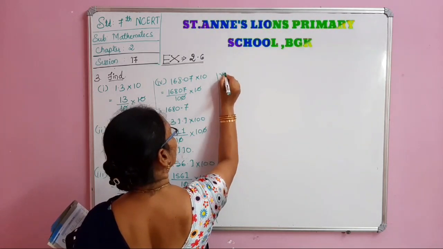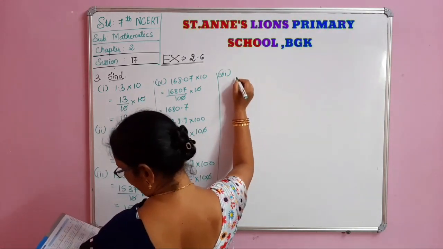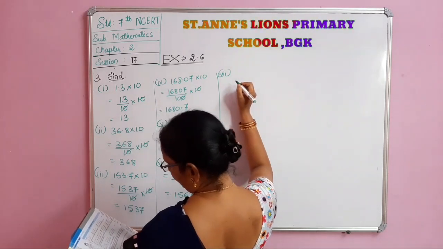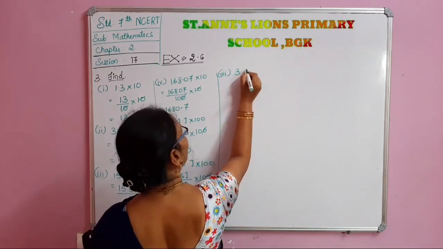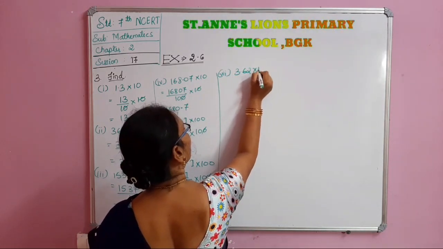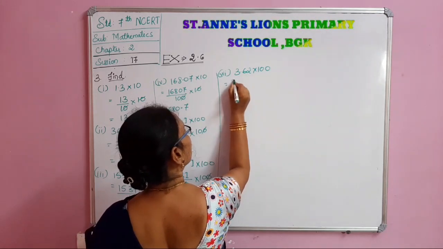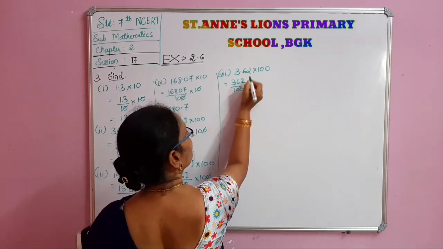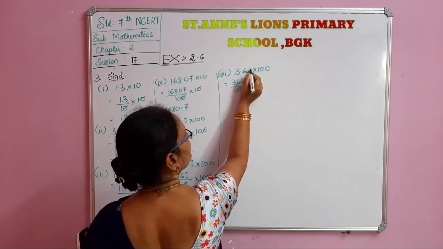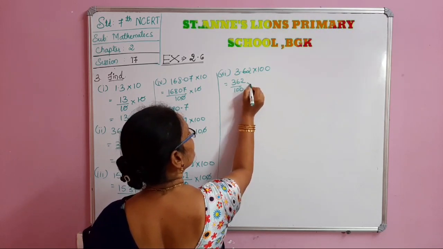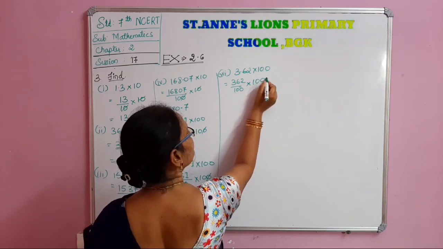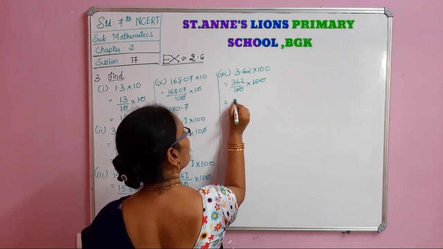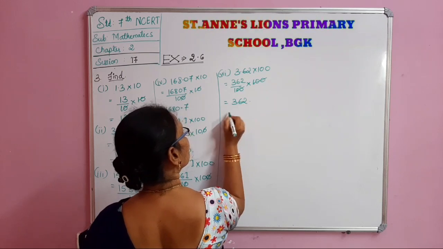Next, seventh problem, 3.62 into 100. Here see, 362 by 100. Decimal point is in hundreds place. Units, tens, hundreds. So into 100 as it is. 0 got cancelled. Answer is 362.